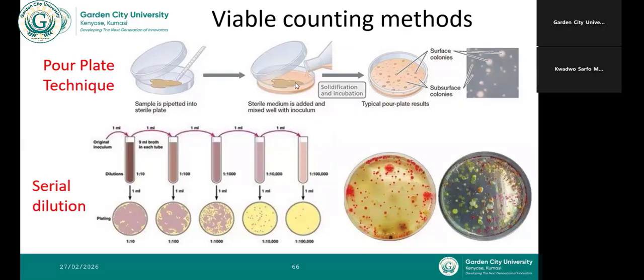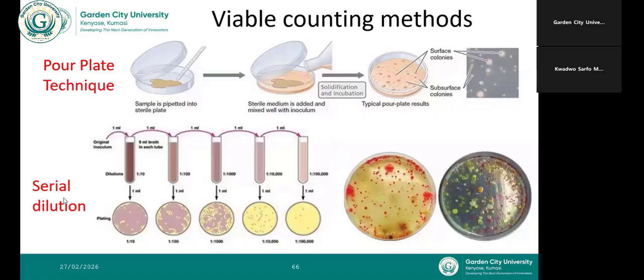Before the medium solidifies, you mix gently, and then it solidifies, you incubate, and then you see the colonies. Then you can count the number of colonies on the petri dish. But you have to take into consideration the volume of the sample that you used.